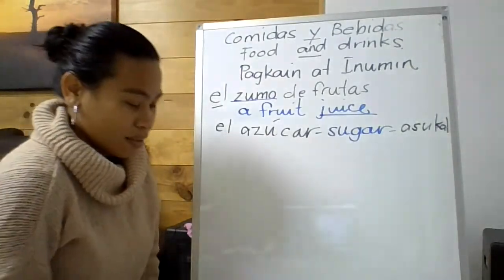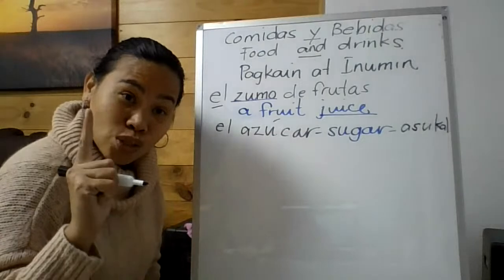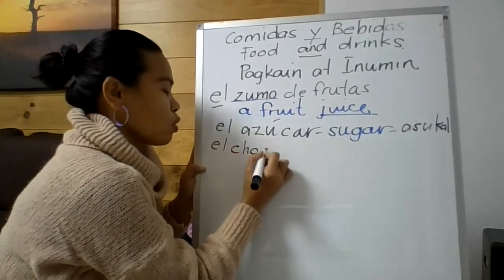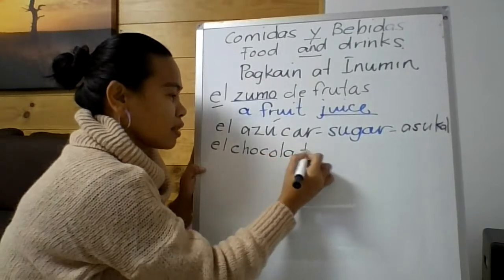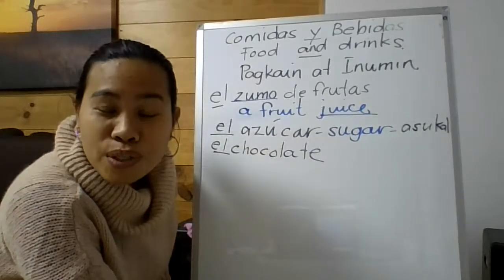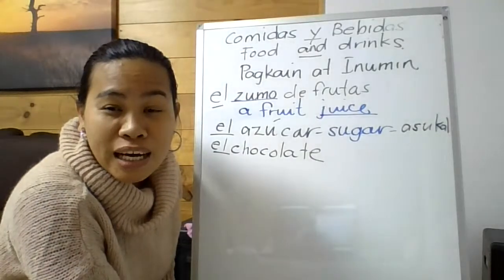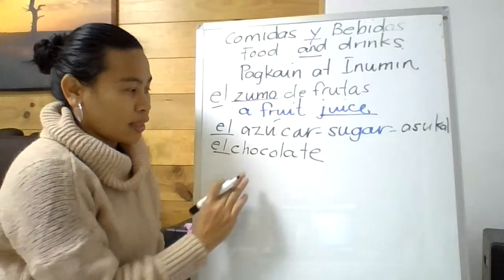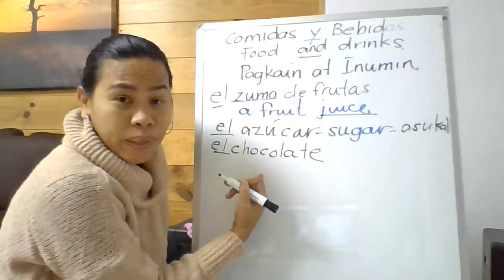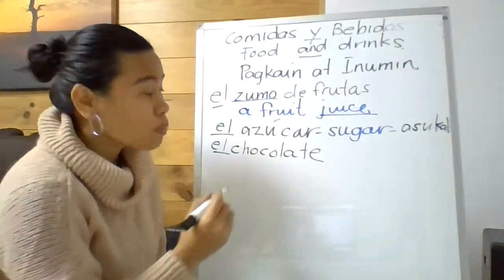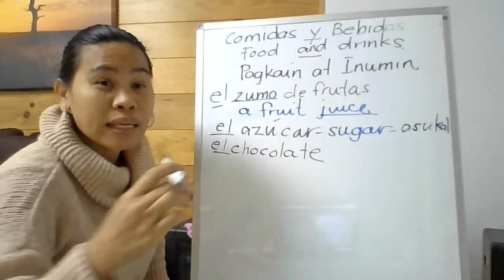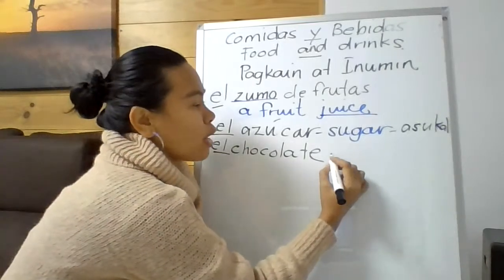Okay, next. El chocolate. As you can see, we use the masculine article. El chocolate. Igual in English. Como se escribe is the same. Also, the chocolate in English, no? The chocolate. In Tagalog, ang chocolate.